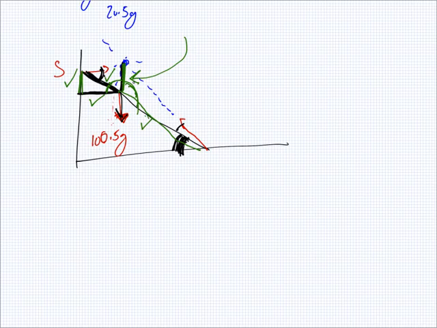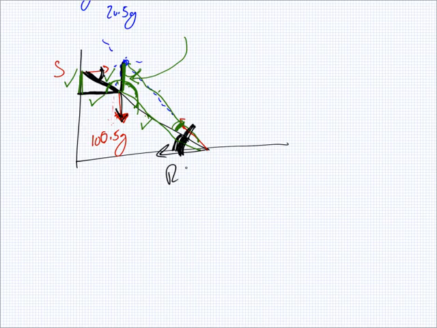So can I know this angle? If I know this side and this side and this angle, can I know this distance? Yes, using the cos rule. So I have the three sides and one of the angles, so I can use the sine rule to get the other two angles. So now I know this angle here after all of that.